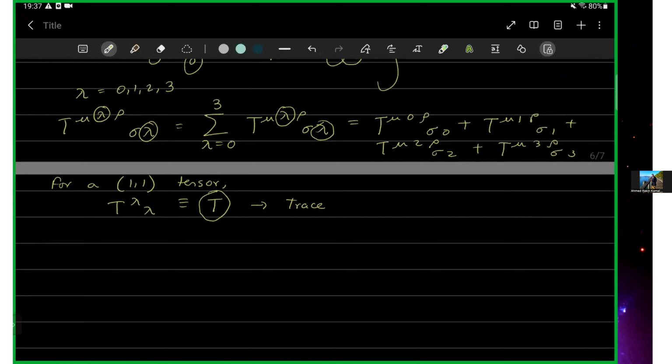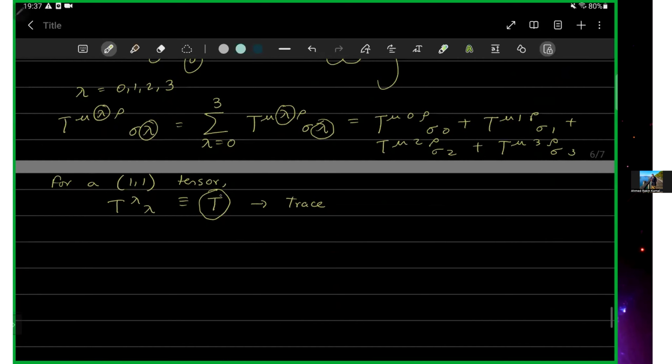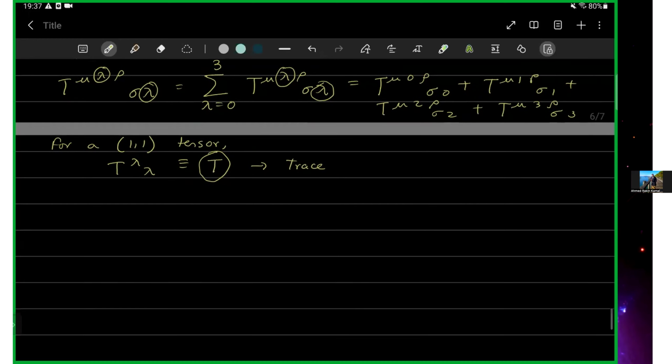Okay, because it's more or less implied what we're talking about when we're doing the calculations. But remember that this trace does not have any indices, whereas the tensor T that we defined earlier is an amalgamation of all the tensor components. Okay, but here this is just the trace.